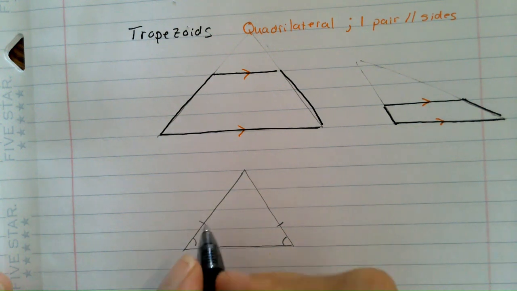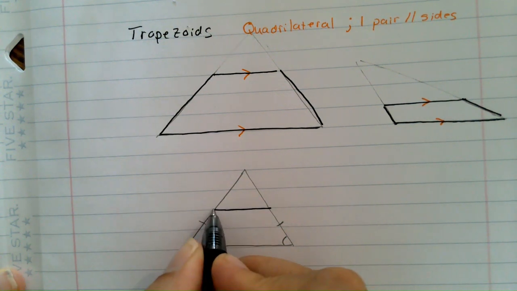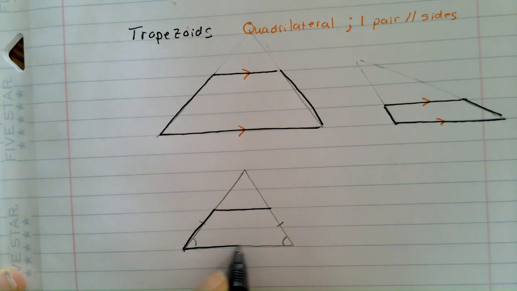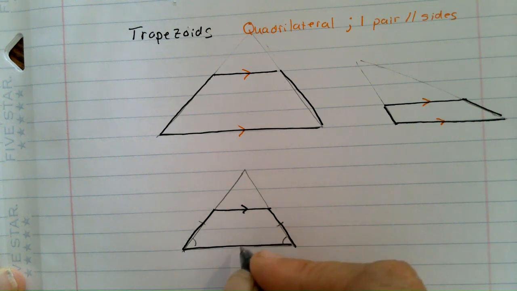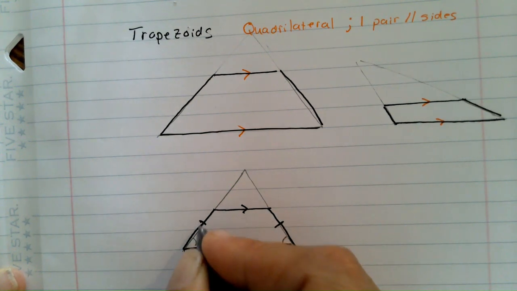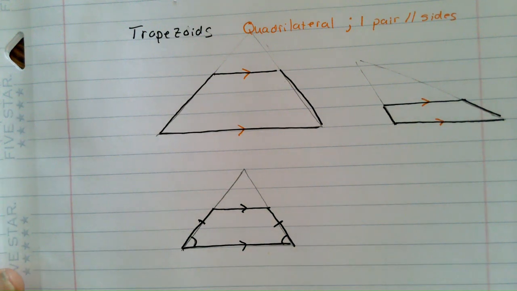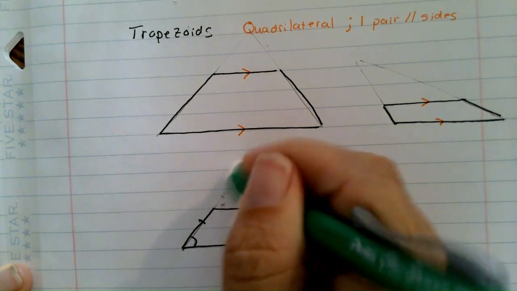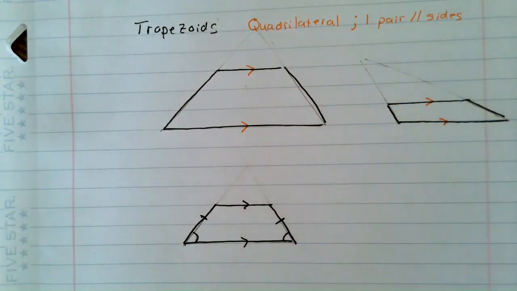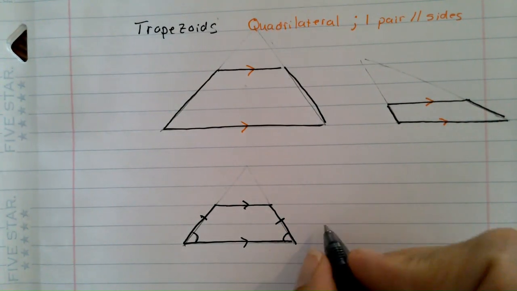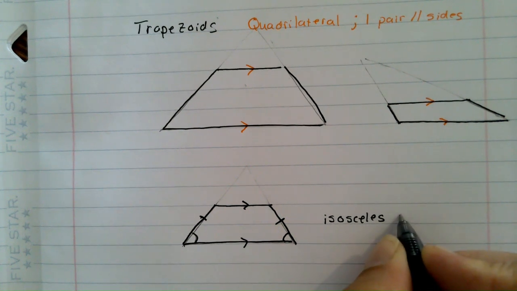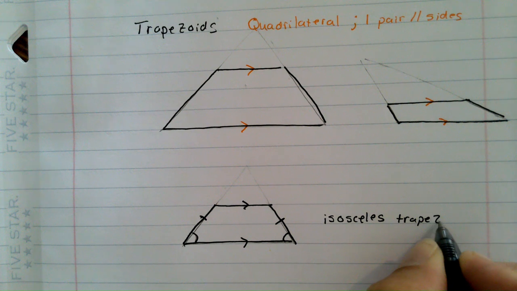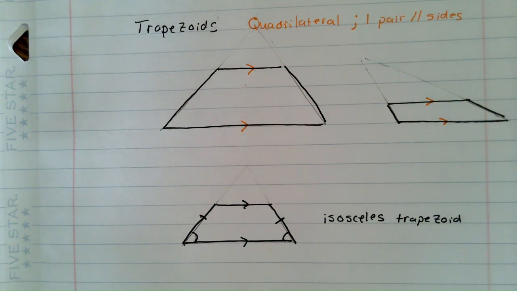So if we cut the top off parallel, we still have the same information because we cut it off equally from both sides. So not only is this a trapezoid, this is now an isosceles trapezoid. Okay, so keep that in mind.